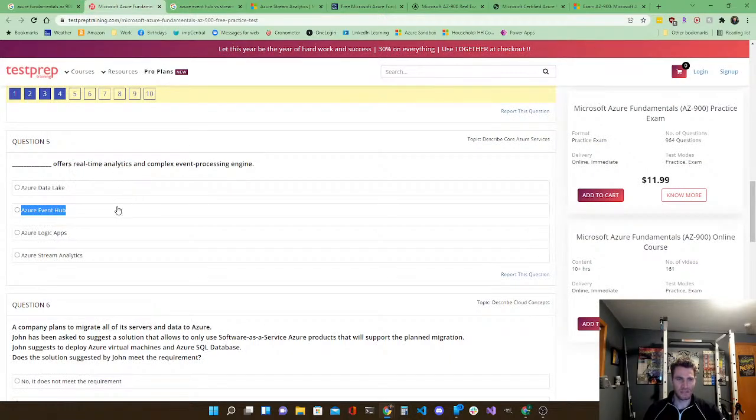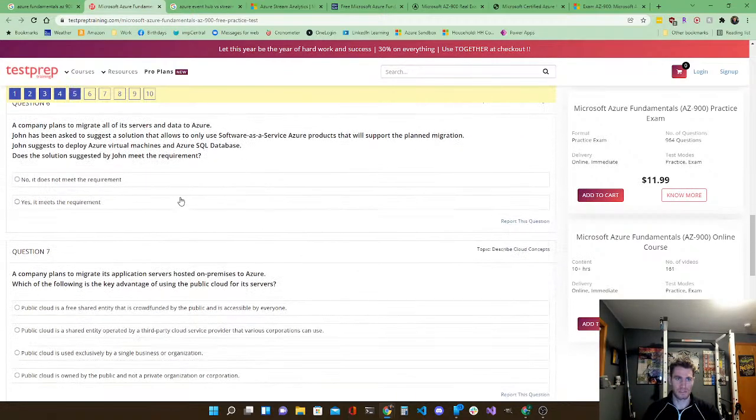It sounds like Event Hub is event processing and Stream Analytics is the complex analytics engine. I think we're talking more about the first part of the stream, data coming in, and not the analytics side as much. So let's go with Event Hub.